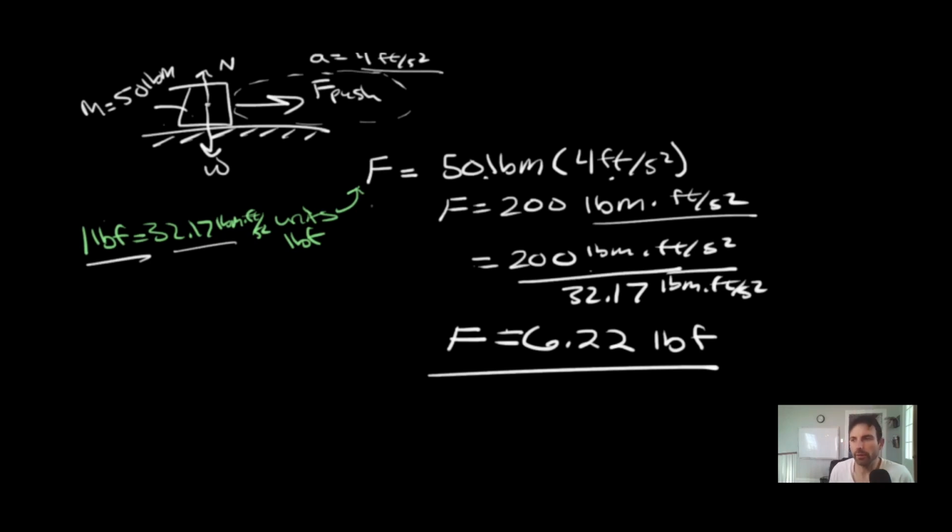So that's the one thing about the English units that confuses so many people, and it's understandable that it's confusing, because in the metric system you don't have to worry about this step here. Alright, so there's that.